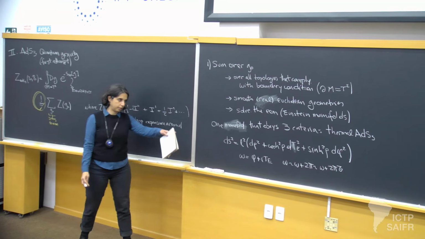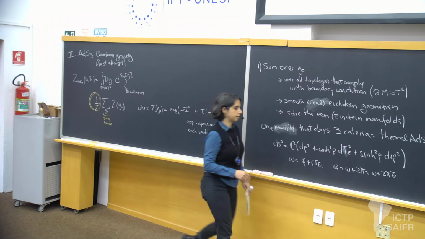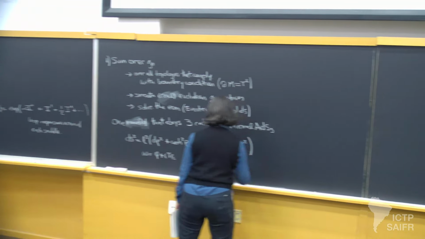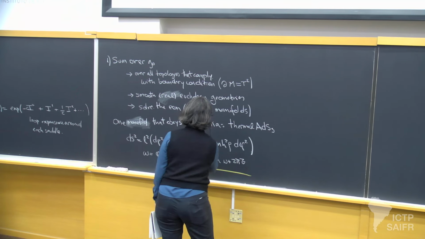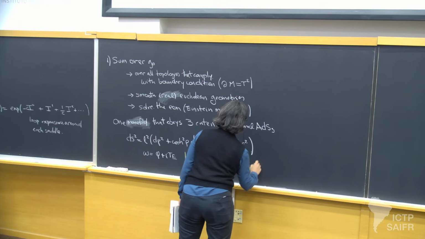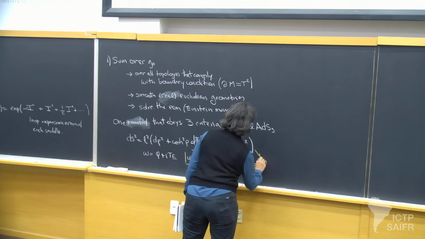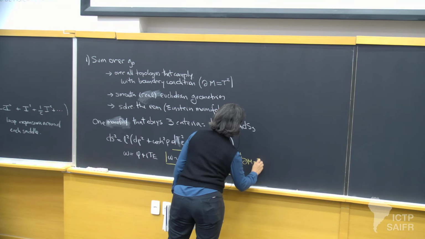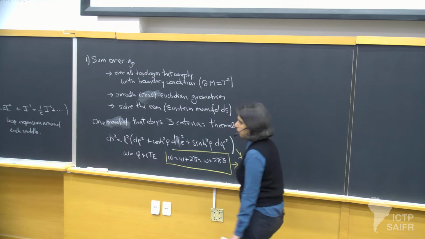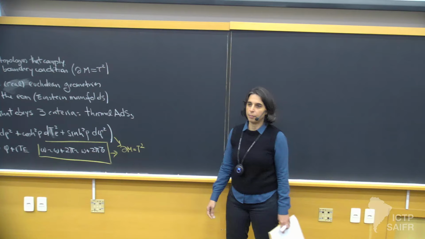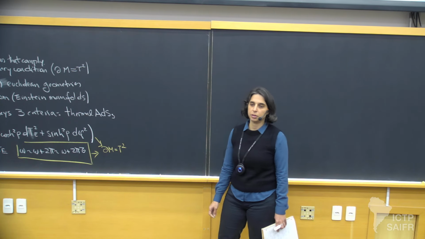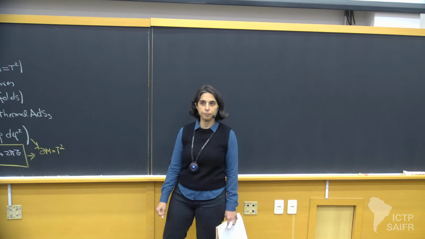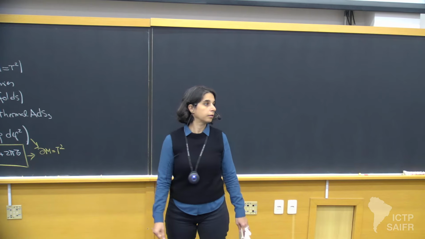That's the key part that tells me that it's within the class. These two things combined tell me that this is a manifold where the boundary is a torus with complex structure tau. Okay?